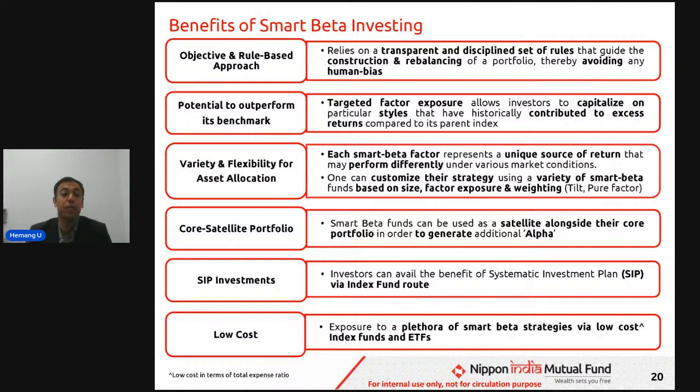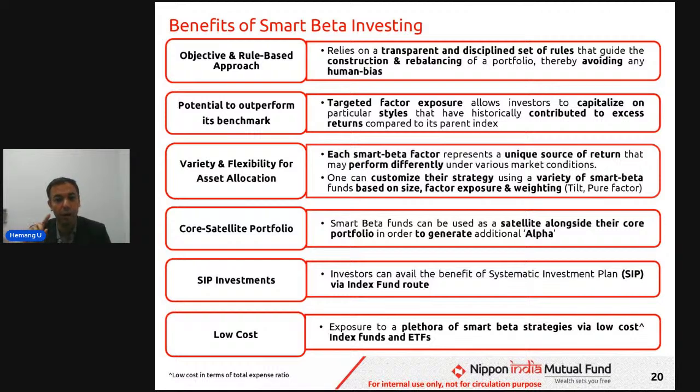While that is not very easily possible for an active fund manager, there will be some exposure to it. Generally, people would say, I would not want banks in my portfolio, so I would want contribution from some other sectors, where smart beta works. In fact, we will not even have any bias to any sector. There's no selection of sector itself. There is a selection of stocks based on the factor that you want to take exposure to. So that is the main criterion to be looked at here.